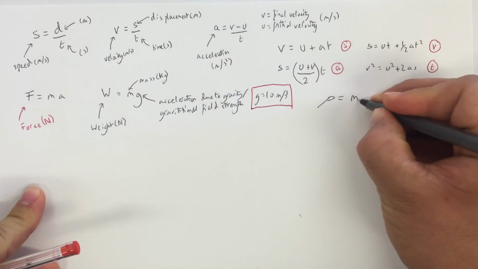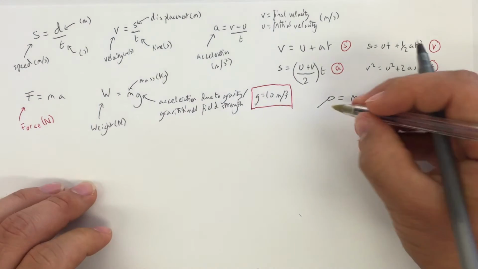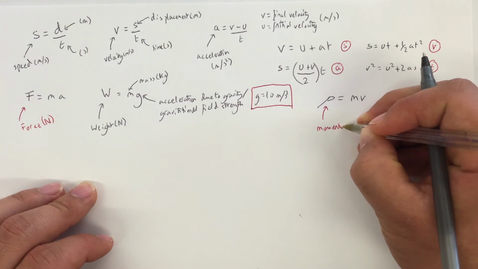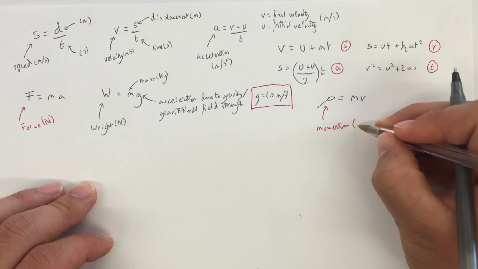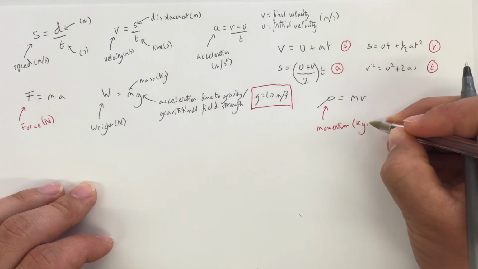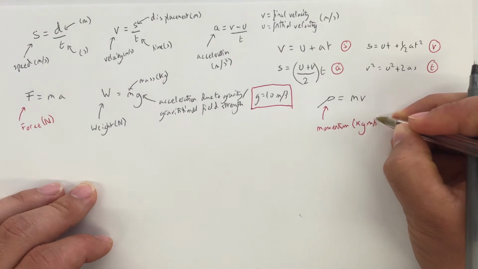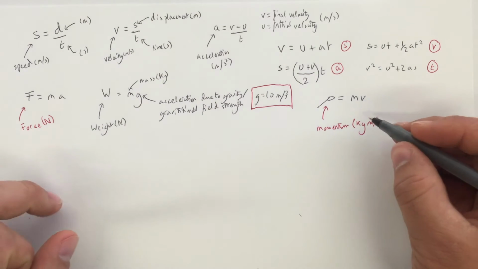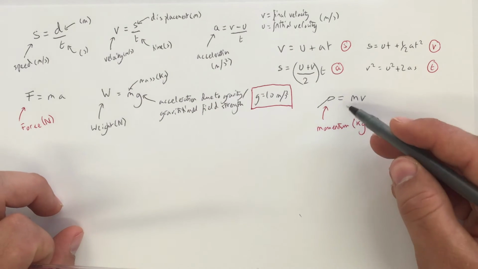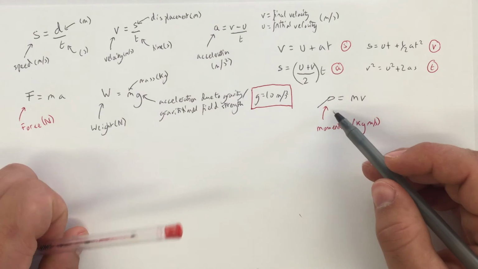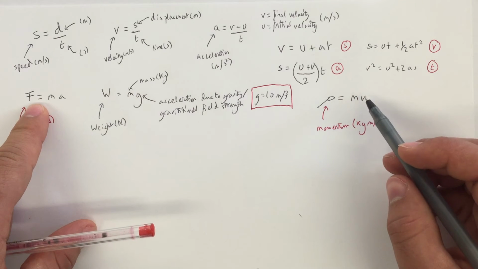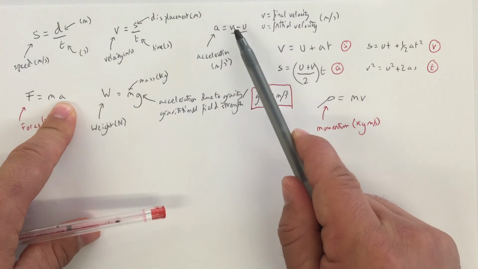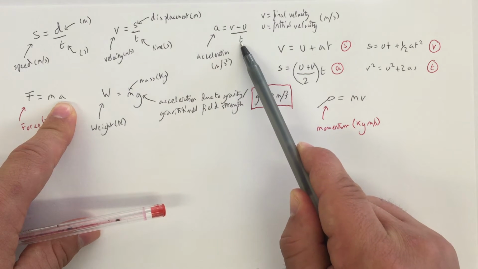So momentum is mass times velocity. Momentum has the symbol rho, which is like a sort of slanty p, which is in kilogram meters per second as the units. And because of F equals ma, acceleration can be written as change in speed divided by time.